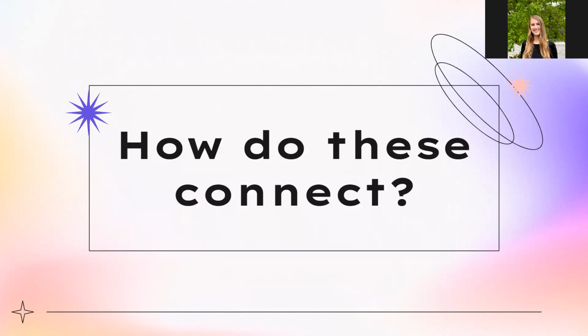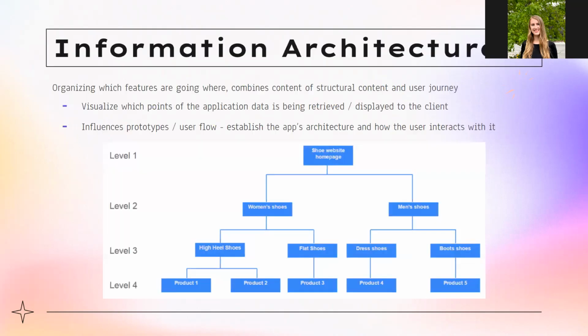And so now you have background on the dev side and background on the design. How does the PM role connect these two? Well, it's not only combining all of those concepts in an explainable format, but it also really helps in establishing the information architecture.